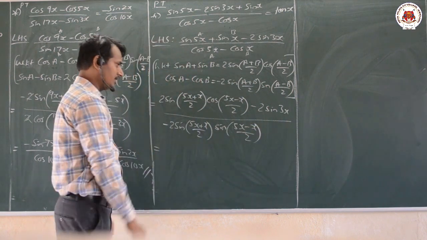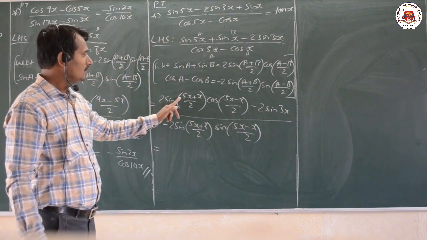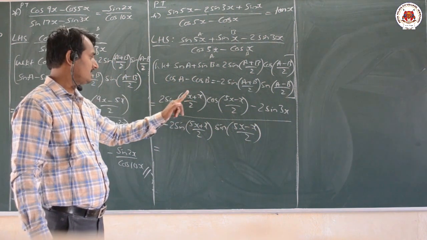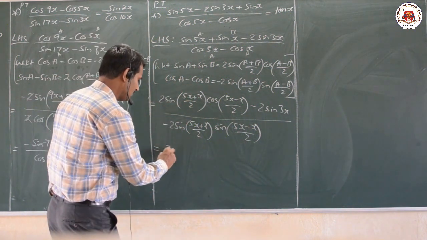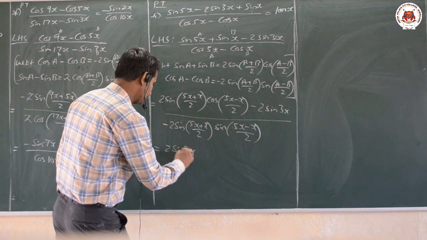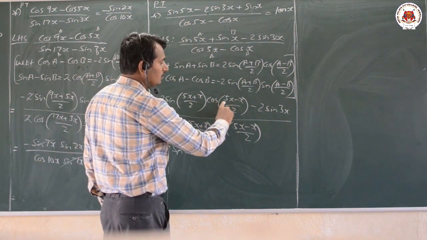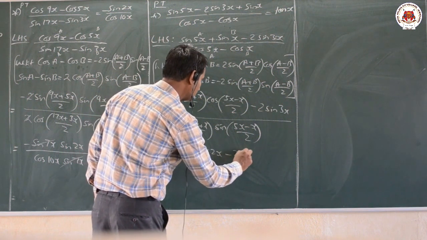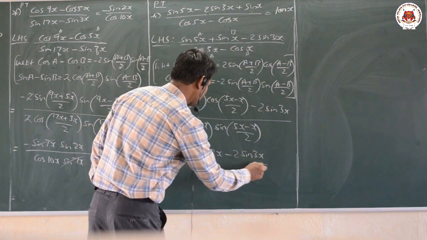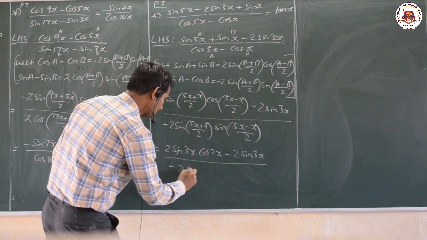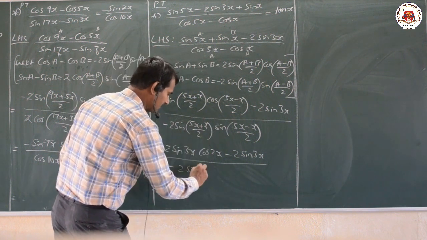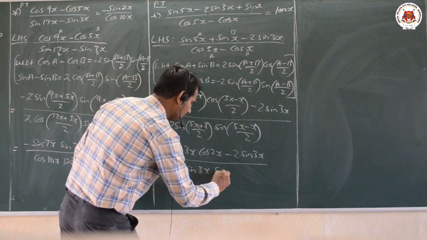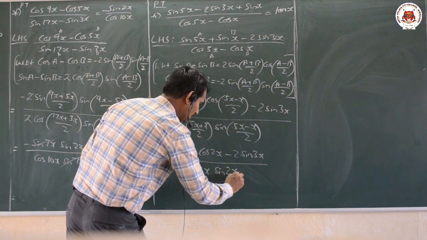Now, I will substitute here. What we get: 5x plus x is 6x by 2, that is nothing but 3x, so 2 sin 3x into 4x by 2, that is cos 2x, whole divided by minus 2 sin of 6x by 2, that is 3x, into sin of 4x by 2, that is 2x.